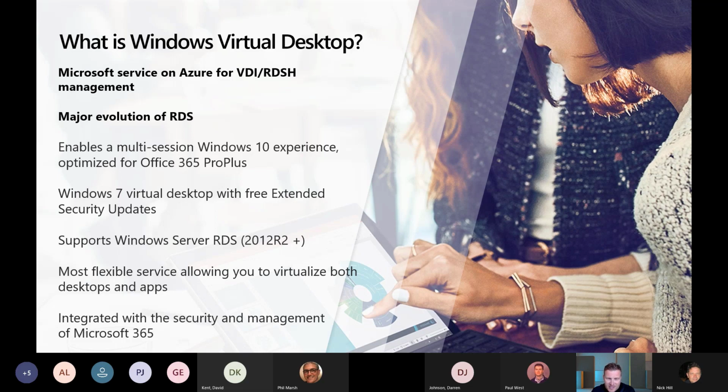And whilst this runs exclusively inside of Azure, it's actually a feature of M365. So what that means is that you can take advantage of any of the features of M365 that are relevant to a virtual desktop deployment. So things like Azure AD, which is actually a requirement, but conditional access, which is a feature of Azure AD, which is obviously a feature of M365, and any of the other capabilities inside of there which are relevant.